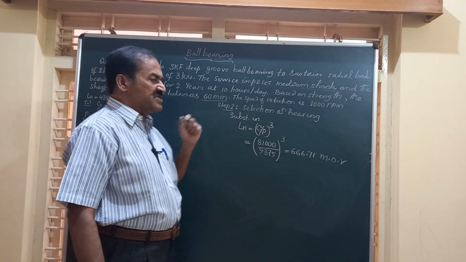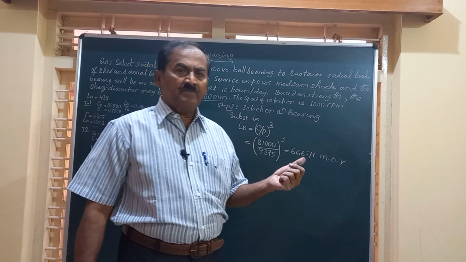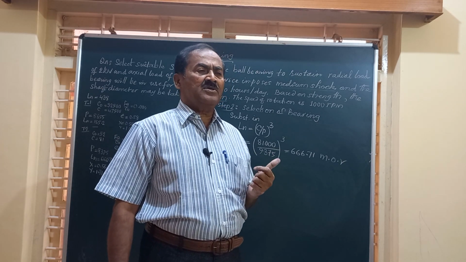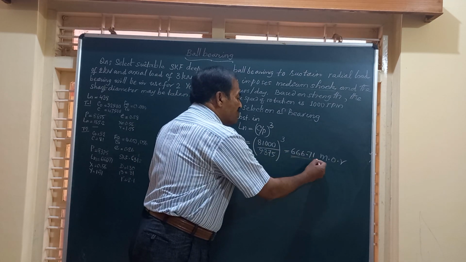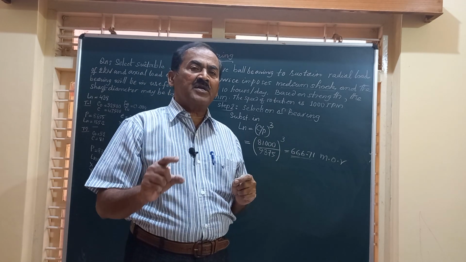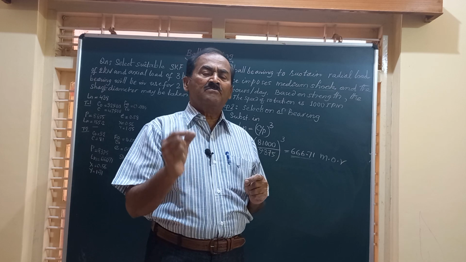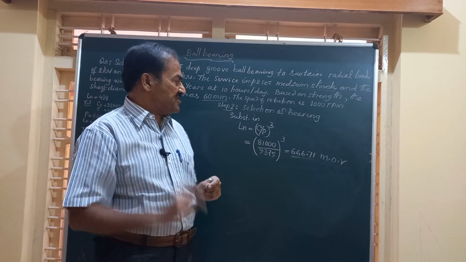So what is the meaning of this? We are analyzing the second bearing, that is 60 BC 03, and it will have a life of 666.71 millions of revolutions. And what we want is a minimum of 438 millions of revolutions, as per the calculation we have made in the first step.